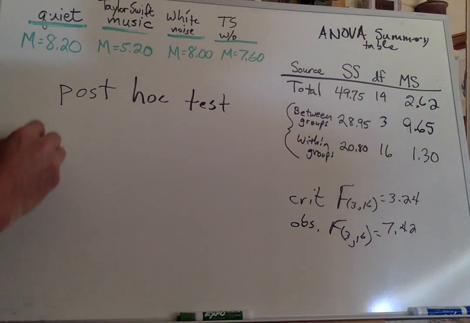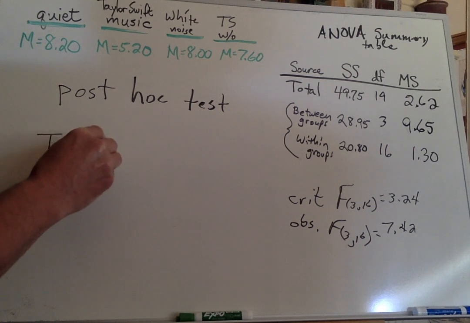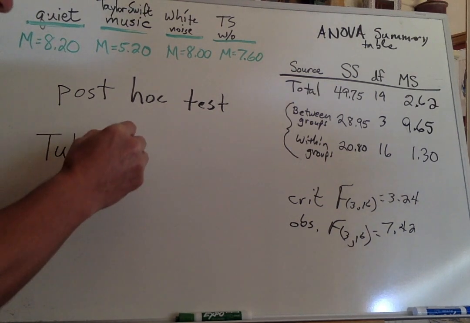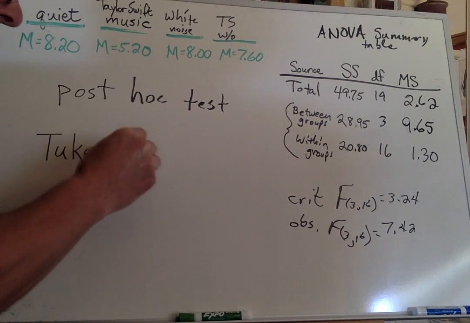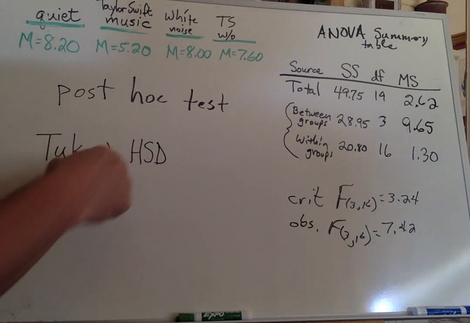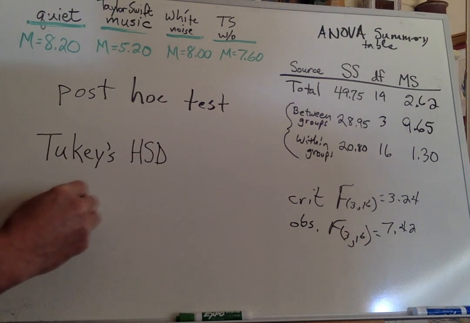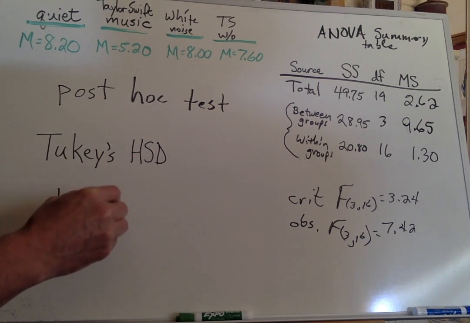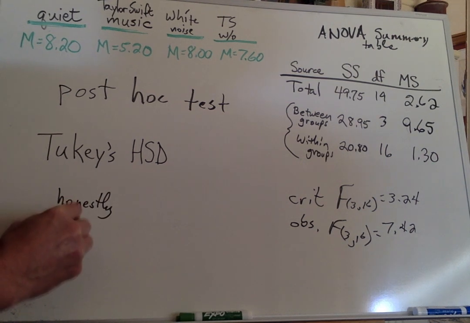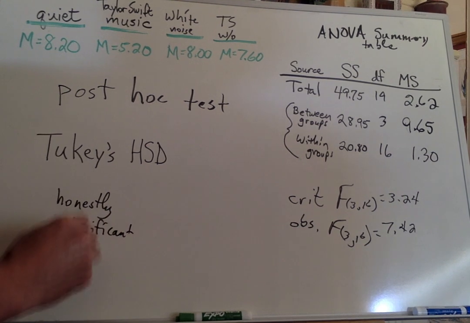In our case, we're going to use something called a Tukey's test. And it's called the Tukey's HSD. That stands for honestly, and I'm being honest about this, honestly significant difference.